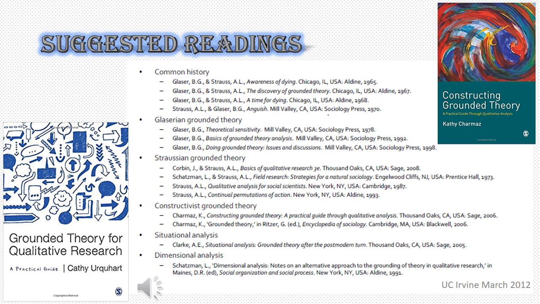Similarly, we have another book, Grounded Theory for Qualitative Research. This is another important book, and you have got to get over it. Similarly, some books like Situation Analysis and Constructivist Grounded Theory, which I have already mentioned to you. And if you are interested in Straussian and Glaserian grounded theory, their key books are available.